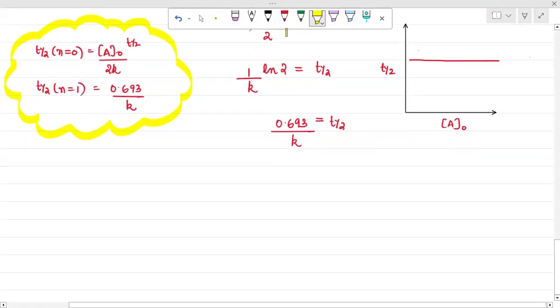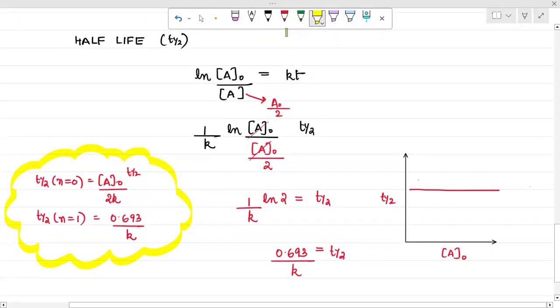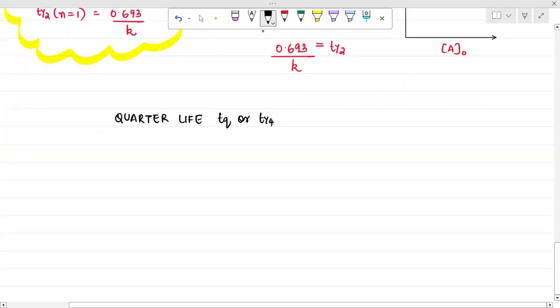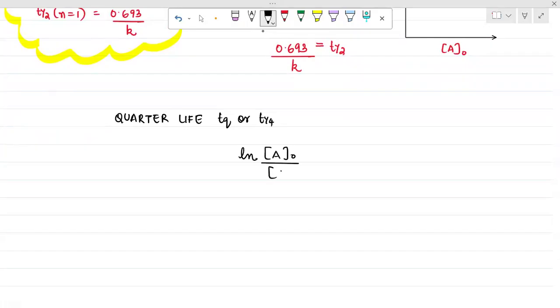Please find quarter life as well. Easy. Quarter life is the time required to reduce the initial concentration to 25%. Correct? So what is our equation? It is ln A0 by final concentration is equal to KT. At quarter life, initial concentration won't change.